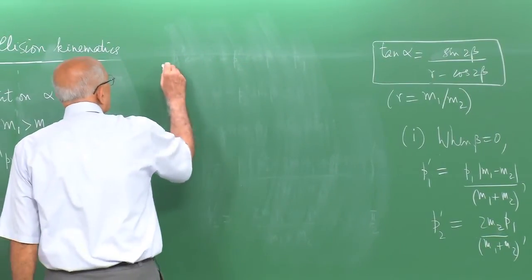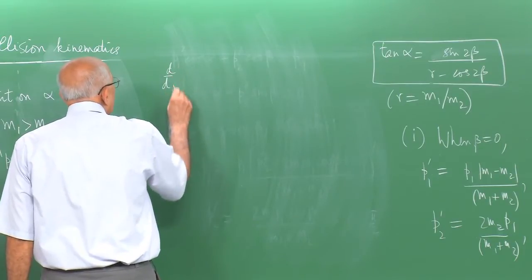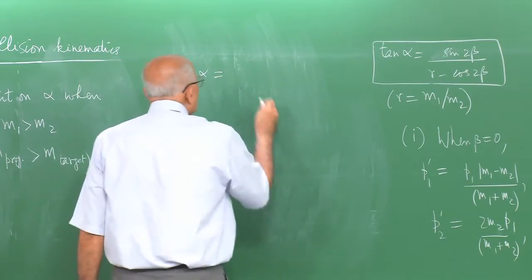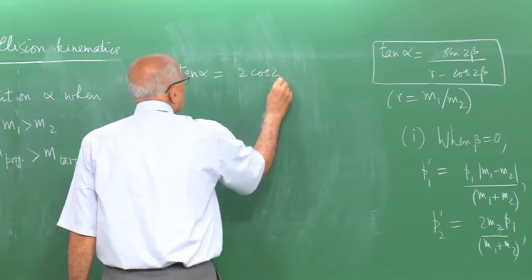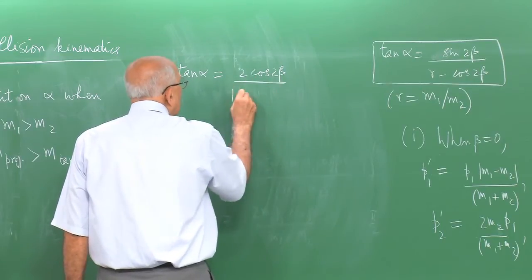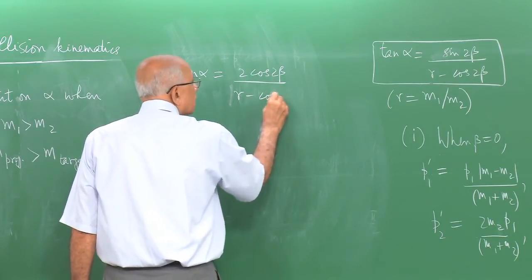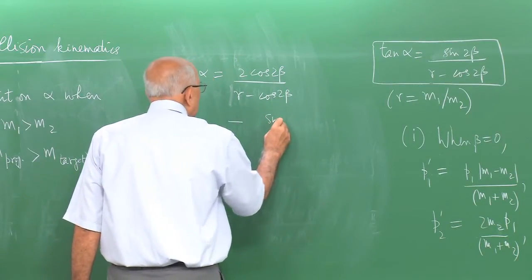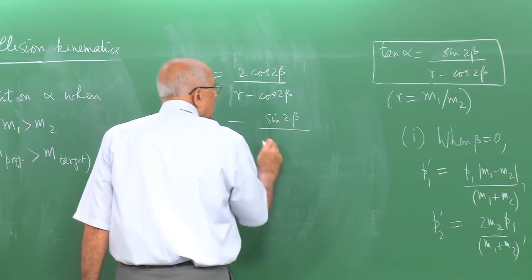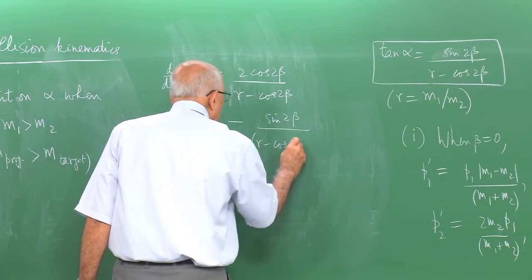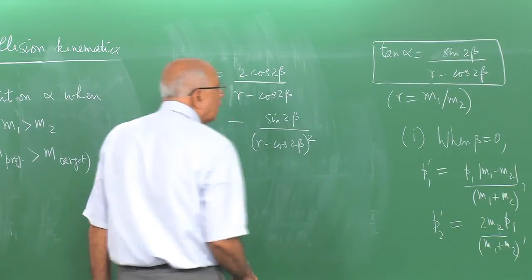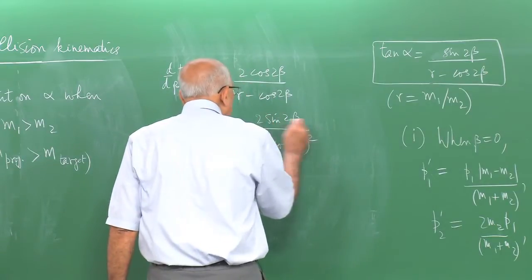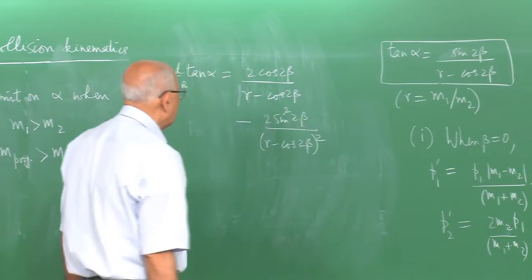So from this equation it follows that d over d beta of tan alpha is equal to the derivative of this quantity, which is 2 cos 2 beta over r minus cos 2 beta, minus sin 2 beta over r minus cos 2 beta, the whole squared, multiplied by the derivative of minus cos 2 beta, which is 2 sin 2 beta.